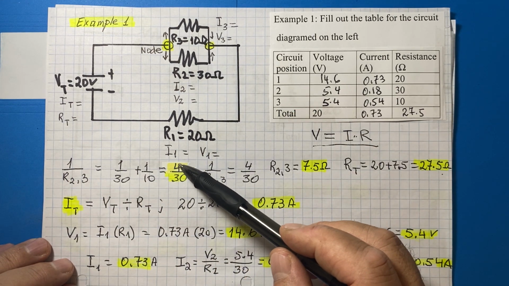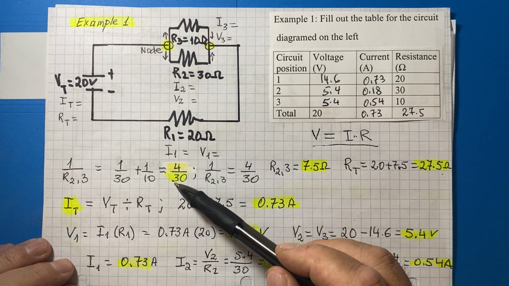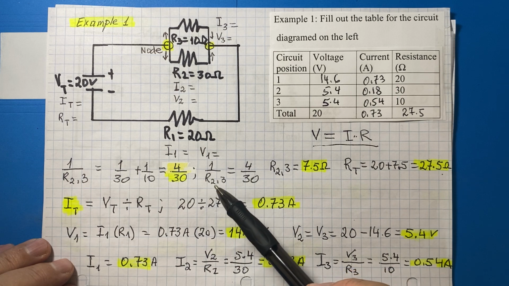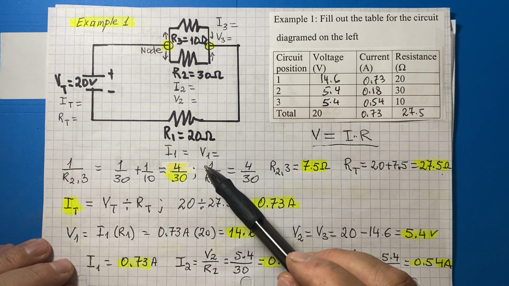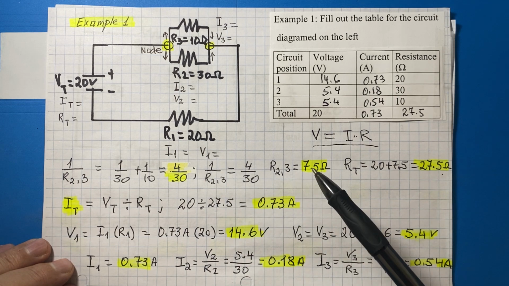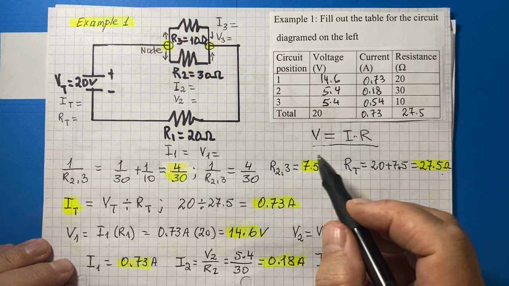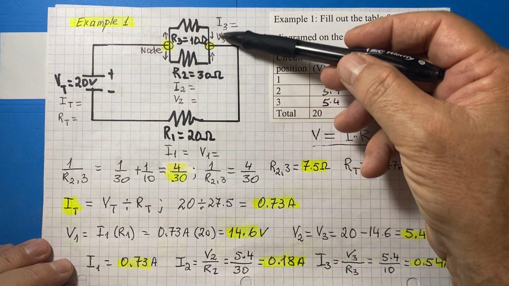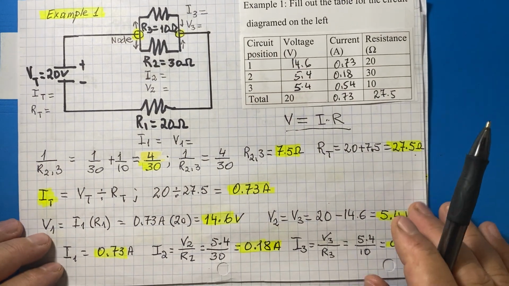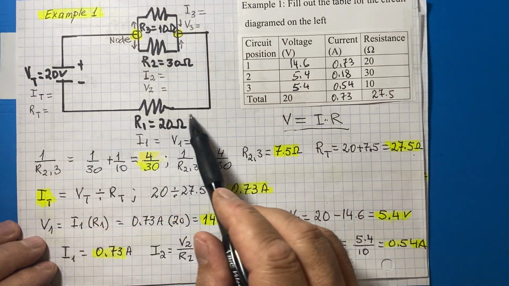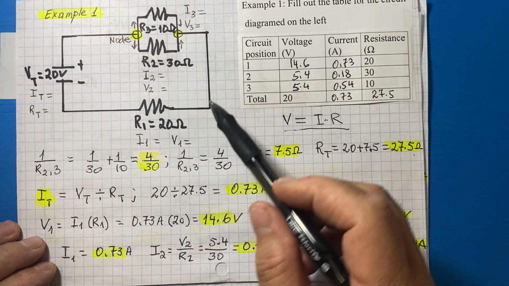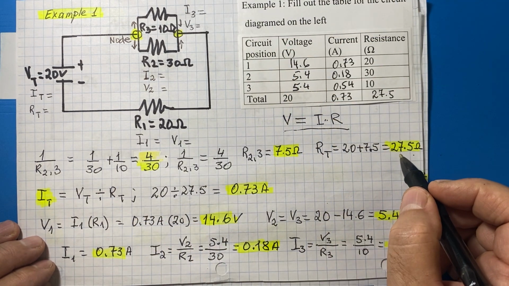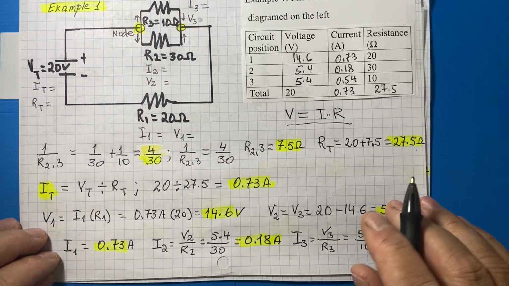You add these two fractions and get 4 over 30. Then to find the resistance for R2 and R3, you cross multiply, divide by 4, and you get a resistance of 7.5 ohms for this part of the circuit. Now, total resistance is 20, which is this value here, plus 7.5, and the value is 27.5 ohms.